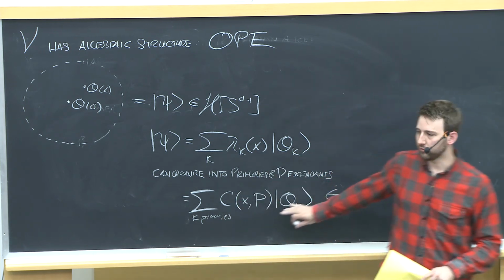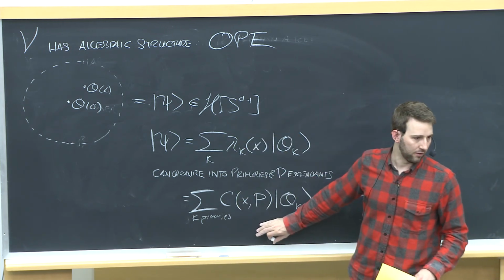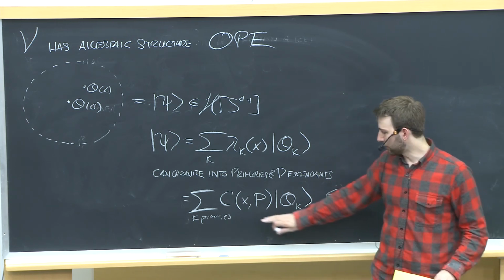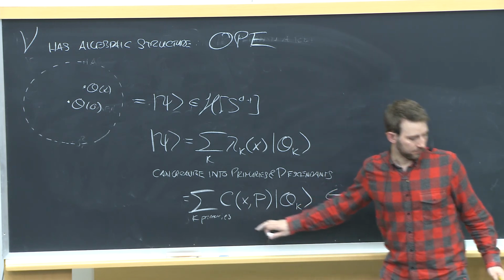So this was an expansion of a given normalizable state in an orthonormal basis for my Hilbert space.